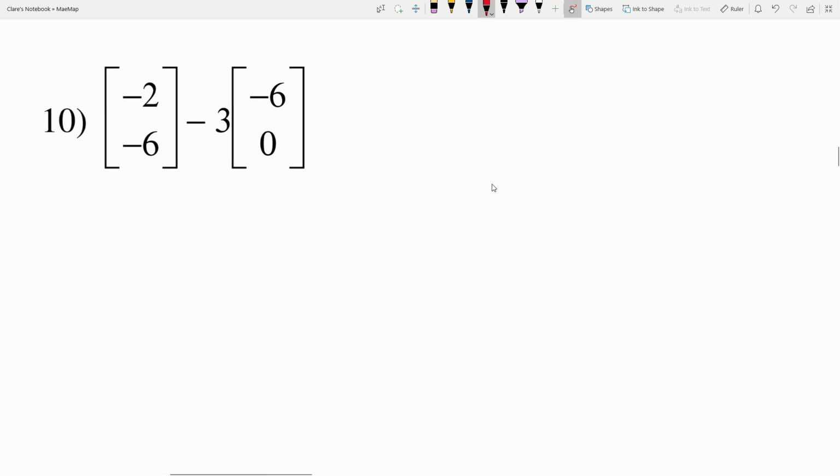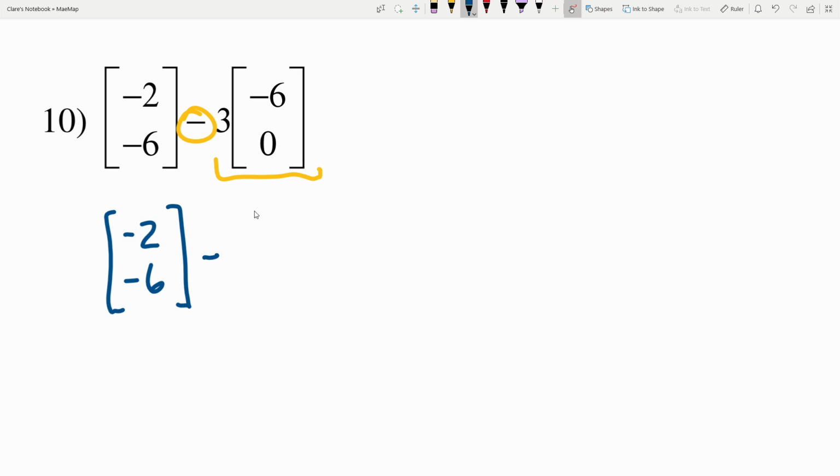Moving on to number 10, I'm going to be subtracting matrices. But first, I have to scale this matrix. So I'll rewrite negative 2, negative 6, and I'll be subtracting that from 3 times negative 6, which is a negative 18, and then 3 times 0 is 0.